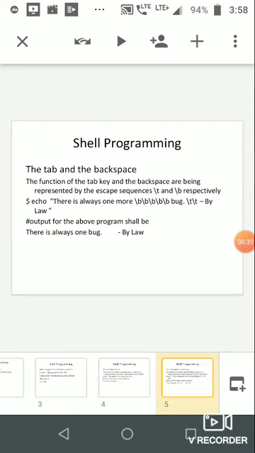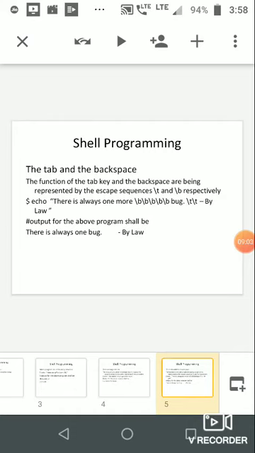Here actually we will discuss some tab and backspace. The first is the function of the tab key. So how will you display or how will you indicate the function of the tab key?